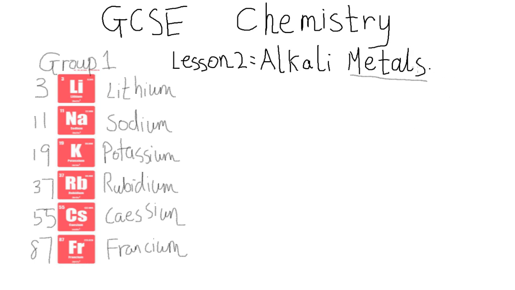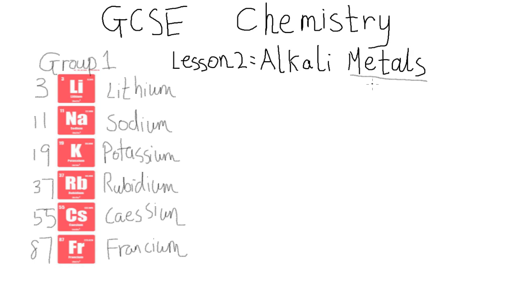When you see the term alkali metals, you might think of maybe tin, or gold, or silver, or something like that. These are hard, they have a high melting point, like gold, and they also have a high density, like tin or lead.